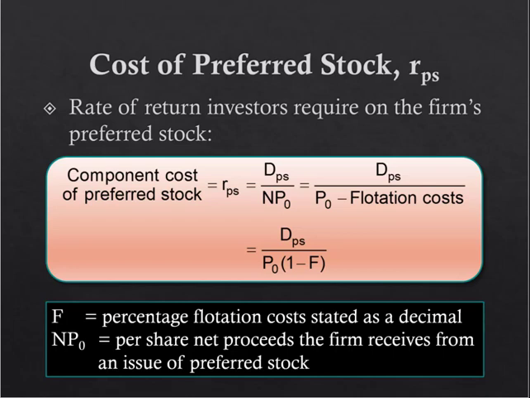And flotation costs are the amount that you would end up having to pay an investment banker, as we talked about early in the course, to actually go through the process of registering and selling these assets. The company doesn't get that back, so there's a net price to the firm, which is the price that the original person paid minus the flotation cost.